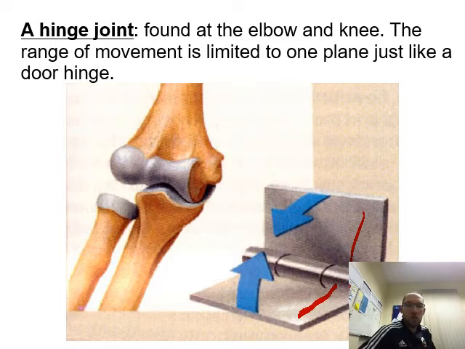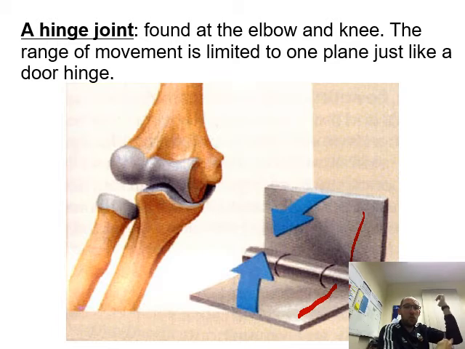Now the next one is a hinge joint. If you think of a door, this is our door here, a door opens and it closes. It doesn't move any other way, it doesn't move up, doesn't move down. The hinge joint does exactly the same. It moves up, it moves down, that's it. If you think of your elbow as a hinge joint, my arm can move up at the elbow and move down at the elbow.